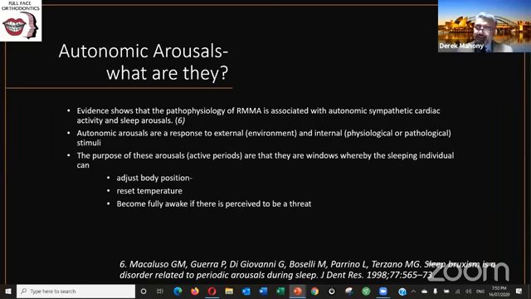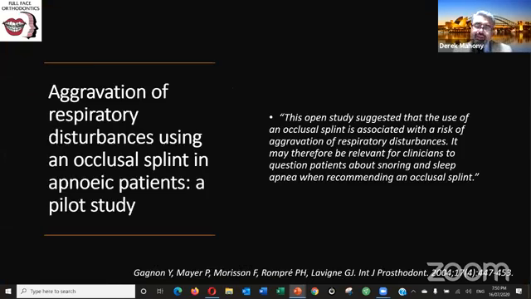I think this is a classic paper, and this is the one I normally open my lectures with when I'm talking to a general dental audience who have no idea about sleep.